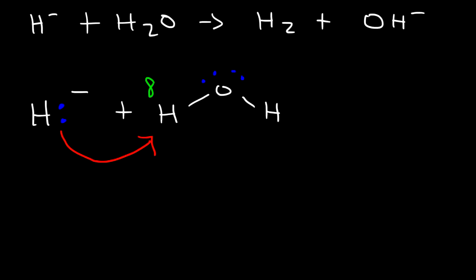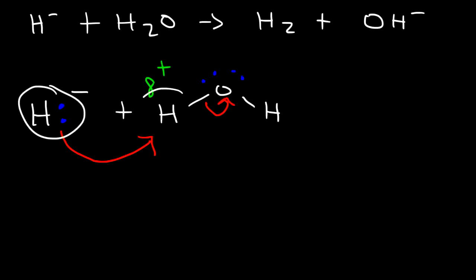And we know that opposites attract, so this hydride ion with a negative charge is attracted to this hydrogen atom with the partial positive charge. So those two will connect. And once they get together, this bond is going to break. Those 2 electrons are going to go back to this oxygen.